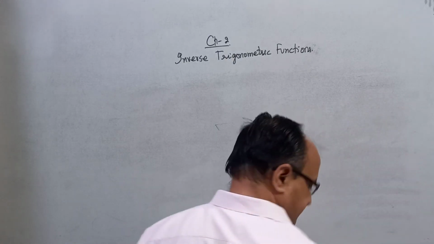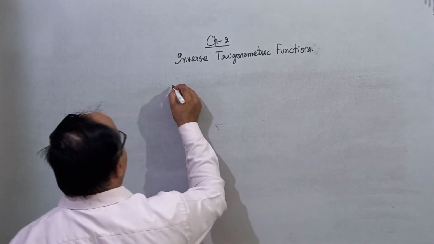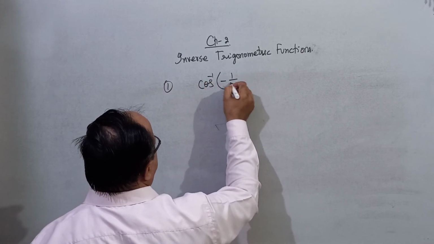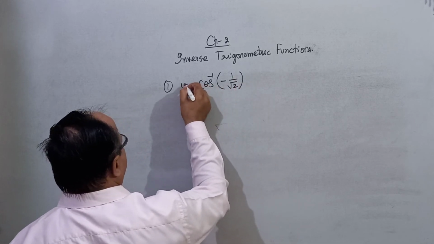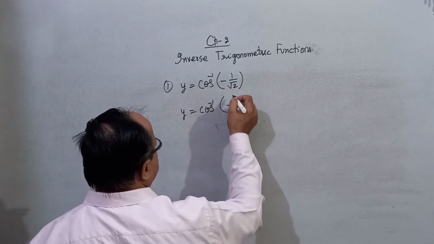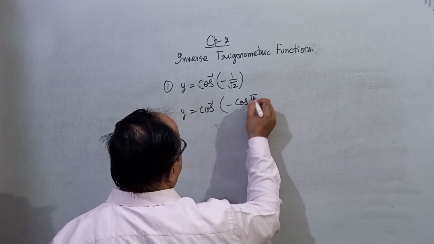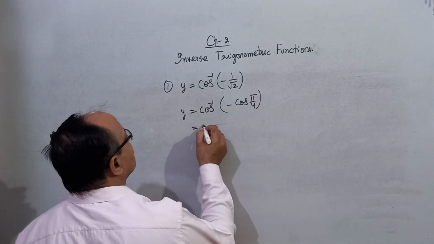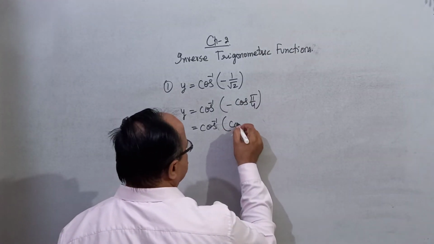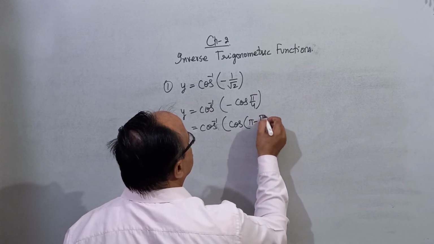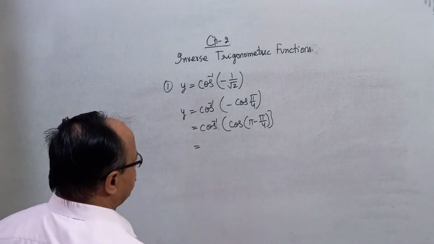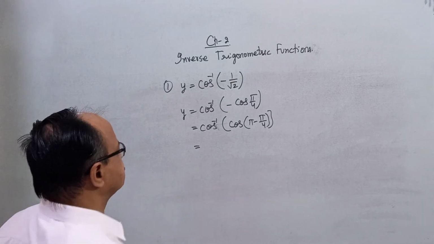Question number 1: find the principal value of cos inverse minus 1 by root 2. You know that in place of 1 by root 2 you can write cos pi by 4, and cos is negative in the second quadrant, therefore you can write cos of (pi minus pi by 4), correct?